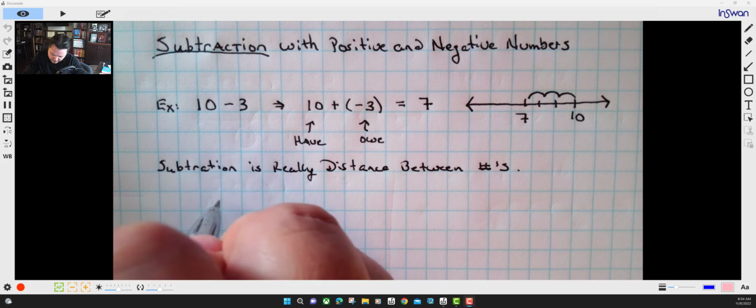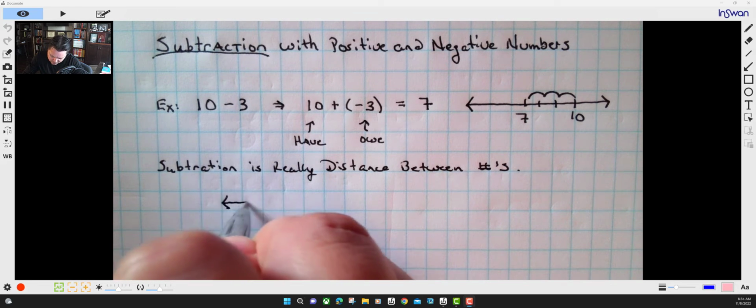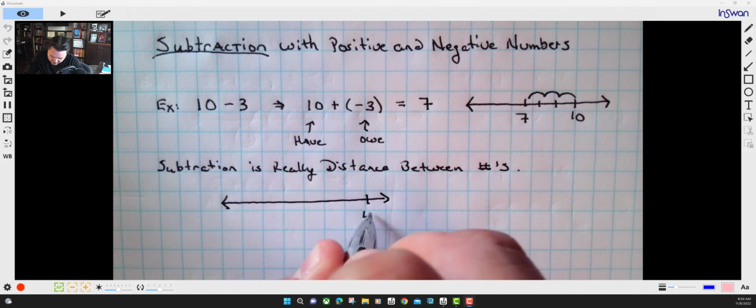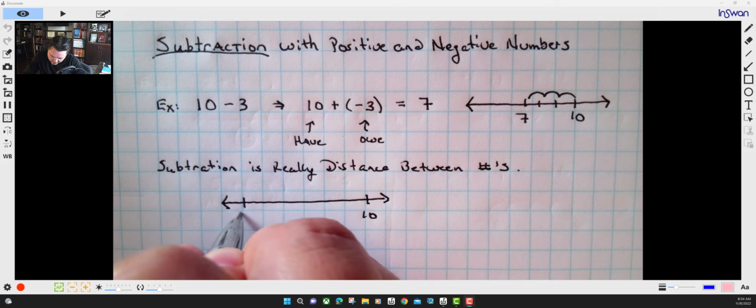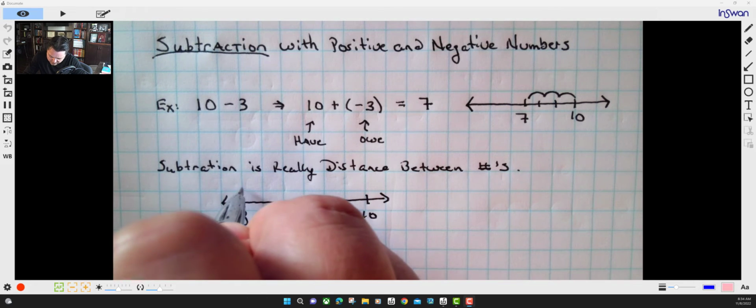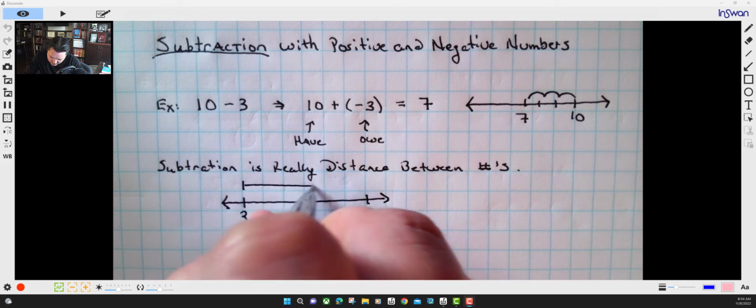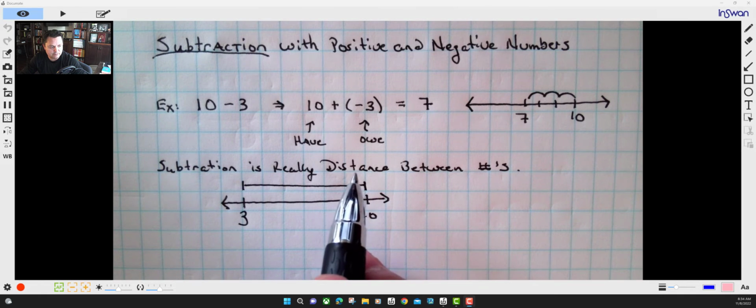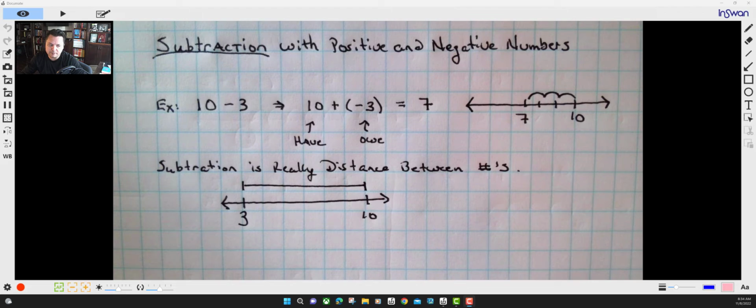So when I subtract, I've got my 10 and I've got my 3, and the question here is, what is this length? If we're doing 10 minus 3, our length is going to be positive. And you might say, well, you said before distance is always positive.